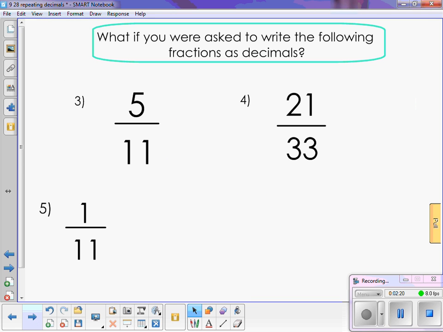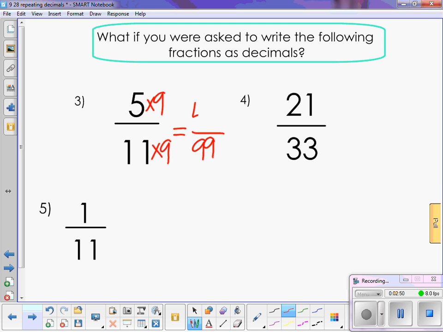All right, now if you're given a fraction going back to a repeated decimal, look at your denominator. There is a factor, 11 is a factor of, we can multiply 11 by 9 to get a multiple of 9 in our denominator. Okay, so changing the denominator to a multiple of 9, in this case it would be 99, and we would multiply the numerator by 9 as well.